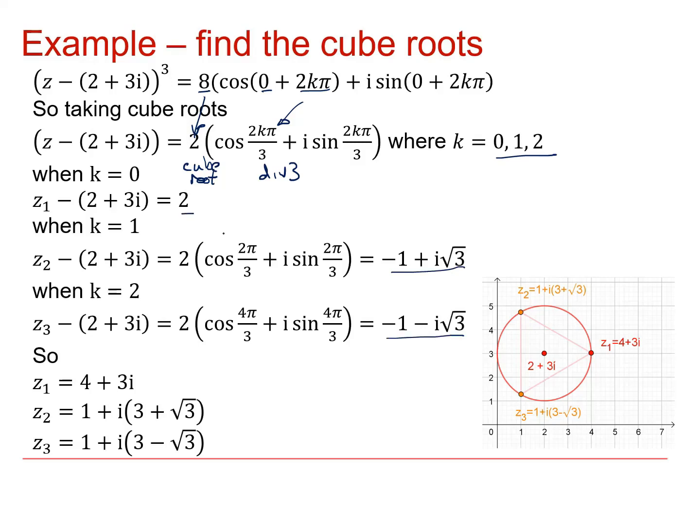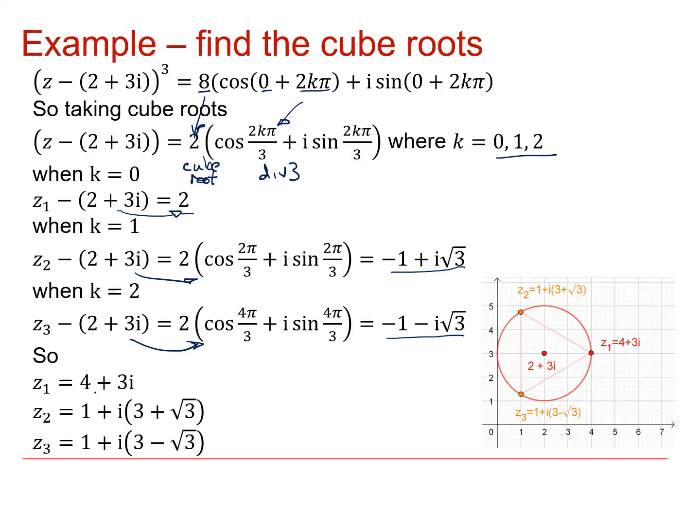Now remember, these are the solutions as if this circle were centred at the origin. I've got to do my transformation of origin here, and that means that each of those needs 2 plus 3i added to it.